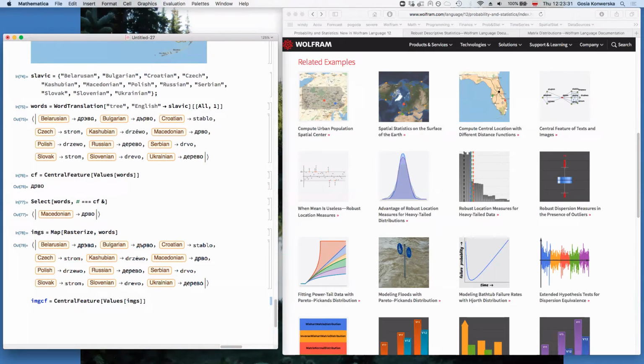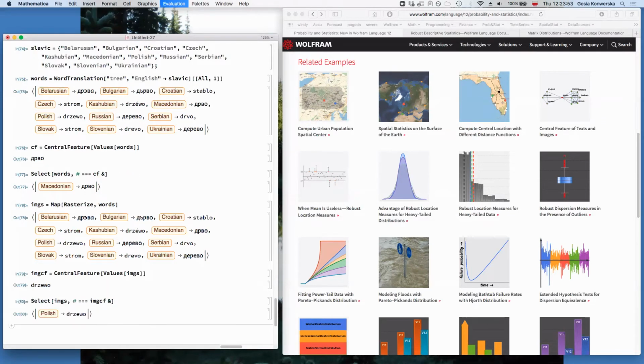What central feature will do is first conform the images, and then use image distance as the distance function. So now we have a different word, drzewo, and this happens to be Polish.